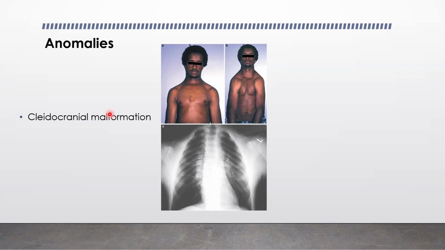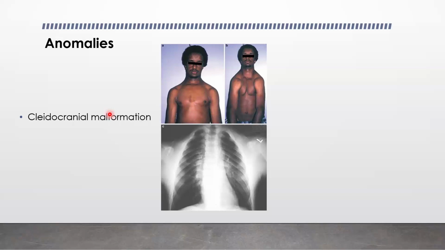So if a person has an anomaly of the clavicle, that person will also have anomalies of the skull. Maybe the person will still have patent anterior and posterior fontanelles into adulthood. The person will have absence of the clavicle, that is the collarbone.